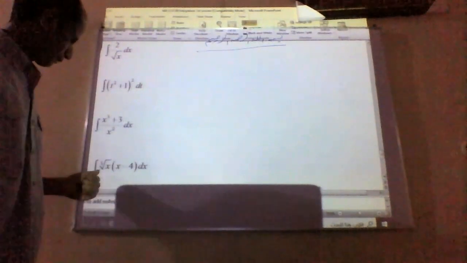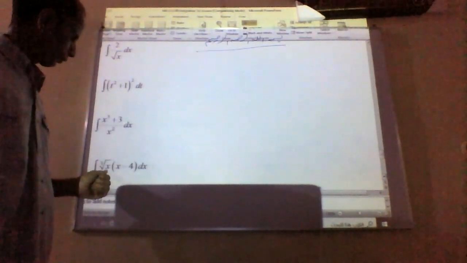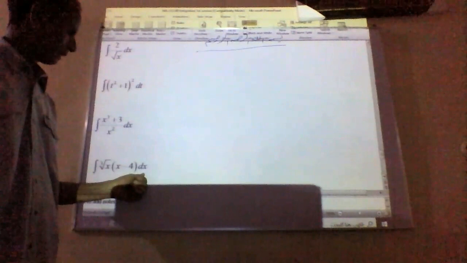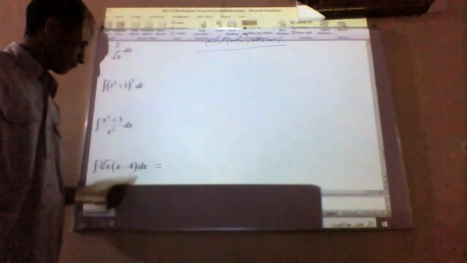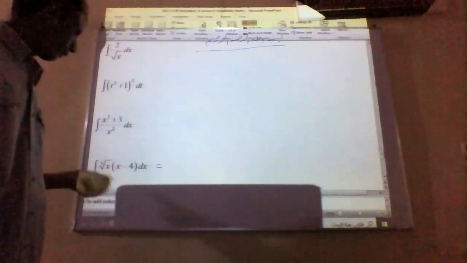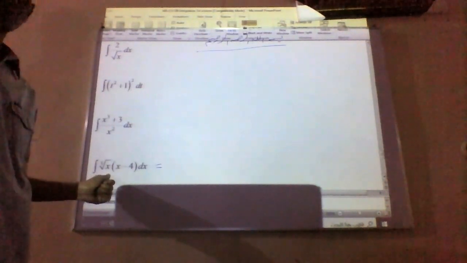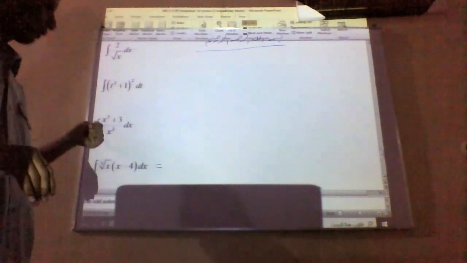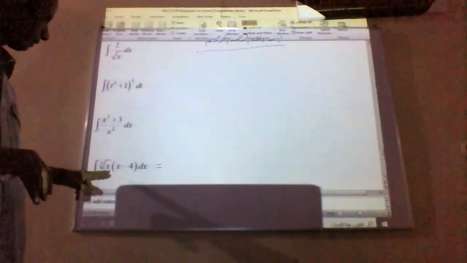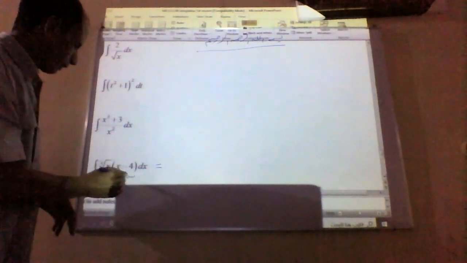Now we have the integration of cube root of x multiplied by (x minus 4) dx. As I said before, we don't have a rule to integrate the product of two functions or the quotient of two functions, so we must multiply this out.